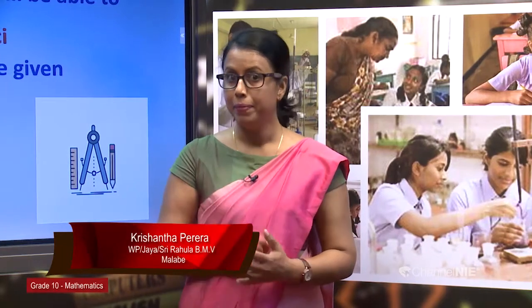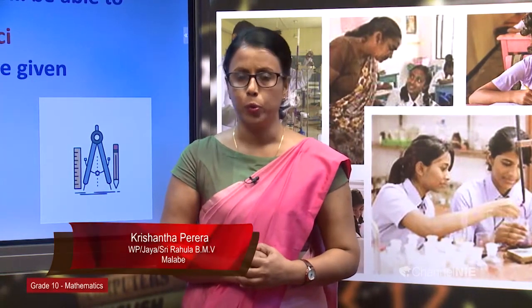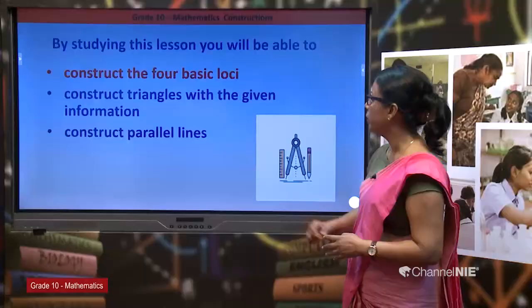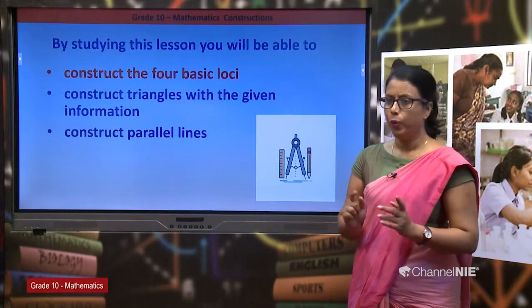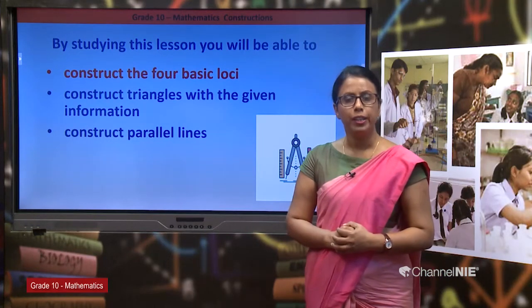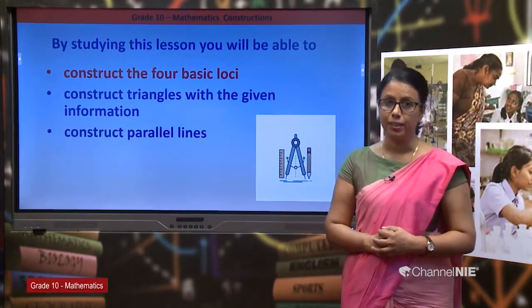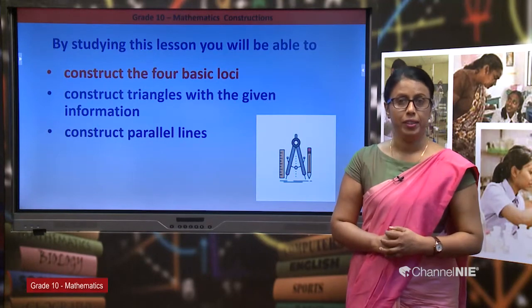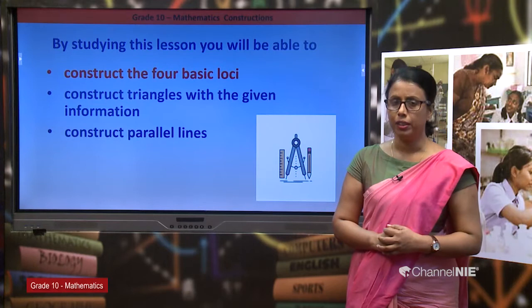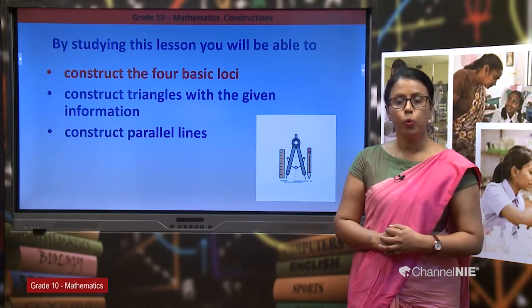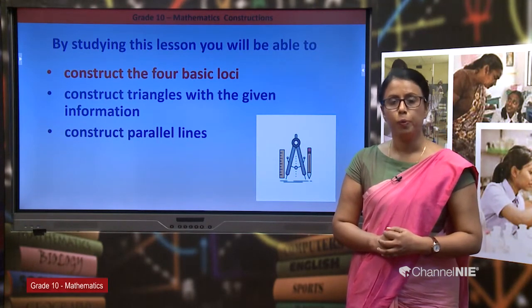Hope you may remember in our previous program we learned how to construct 4 basic loci. We constructed locus of a point moving at an equal distance from a fixed point. We constructed a circle. We constructed locus of a point moving equidistant to 2 points.